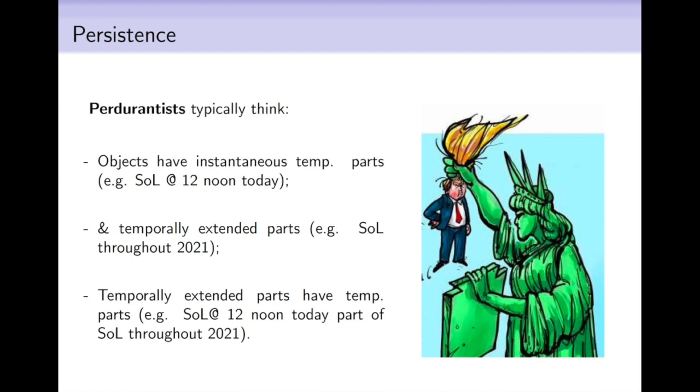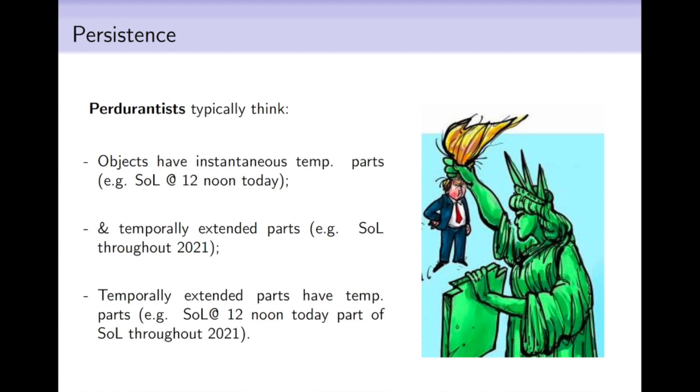So, for instance, an example of an instantaneous temporal part would be the temporal part of the Statue of Liberty that existed at precisely 12 noon today. As I speak, it's afternoon. The temporal part that existed of the Statue of Liberty at precisely 12 noon is a part, and it's an instantaneous temporal part because precisely 12 noon is an instant of time.